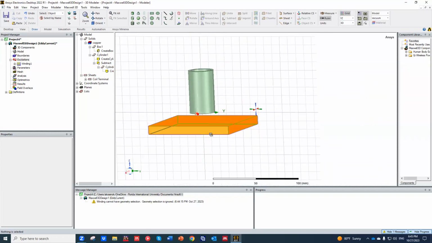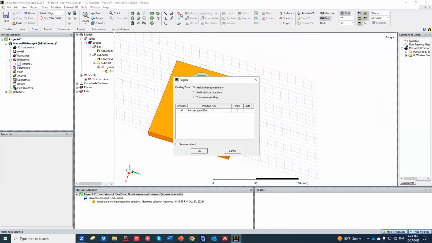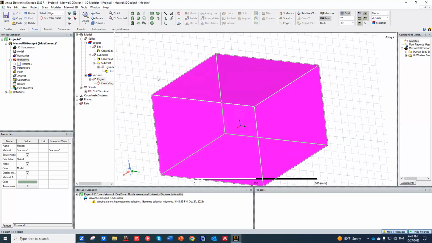So what's next? Of course, I need to draw the region around the structure. Let's make it maybe 100% of the structure size. Okay, so it's the region around.